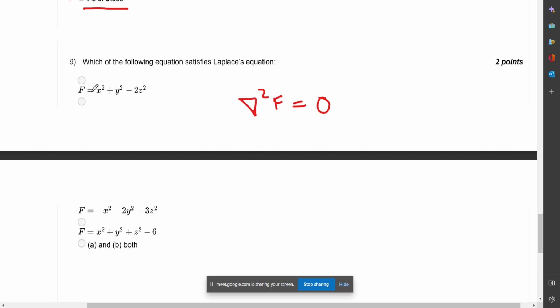If we partially double differentiate equation 1, equation 2 and equation 3 and find out whether it equals 0 or not, we will be able to find out if these equations satisfy Laplace's equation. So let's go ahead.